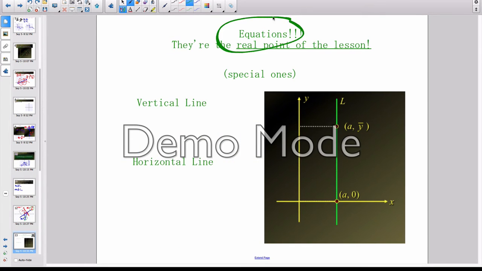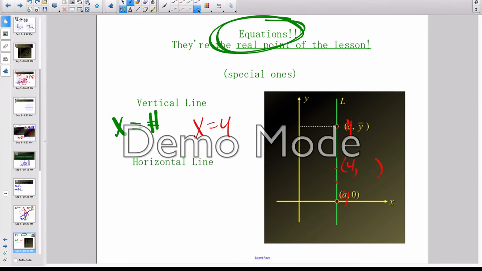Alright, so now the actual equations. The equation for a vertical line is going to be x equals some number. So if this is (4, 4) and (4, 0), then that would be the line x equals 4, because every point is going to have x coordinate 4, y coordinate something.